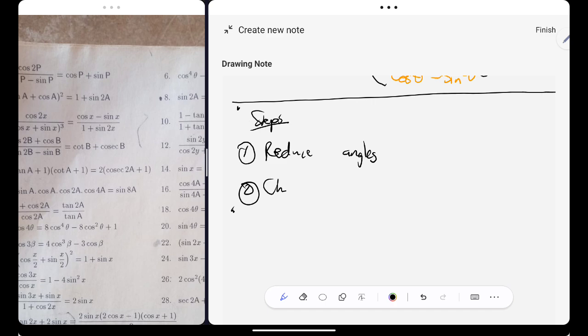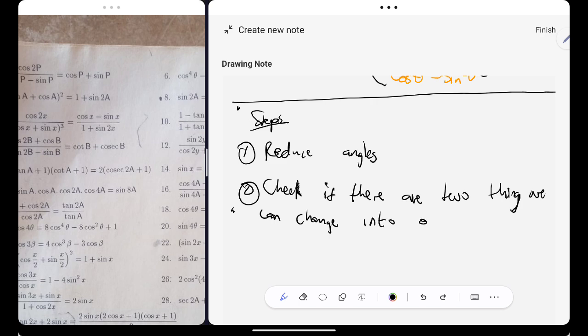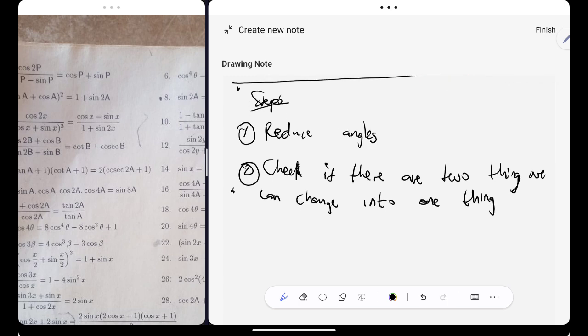Step number 2, we check if there are two things we change into one thing, ne? Basically, this thing is telling us to focus on the square identities.